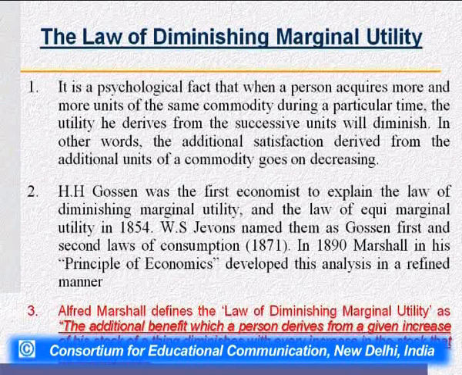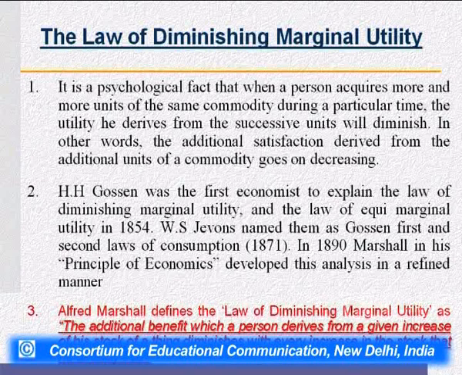So the cardinal approach, as I said, is where Marshall gives us a util parameter. Alfred Marshall, in his well-known book, developed this analysis in a refined manner, and before Marshall, Gossen was the first economist to explain the law of diminishing marginal utility.